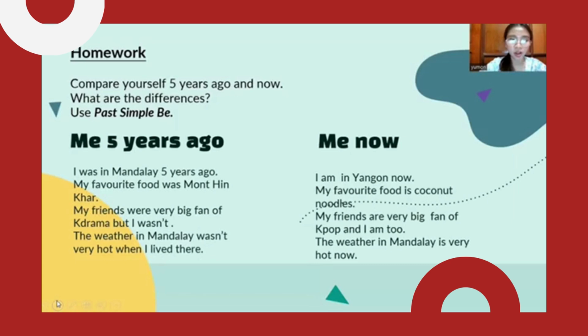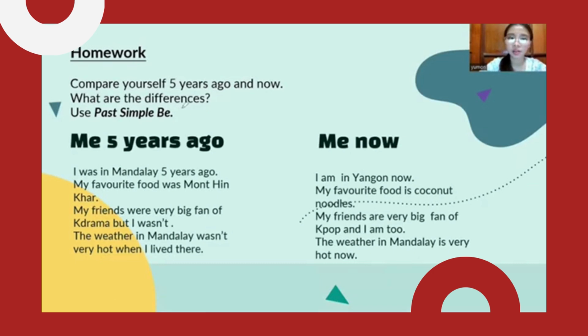Okay, so let's check out the homework. Okay, you have to compare yourself 5 years ago and now, like I did before. I hope you still remember that at the beginning of today's lesson, I talked about myself. I compared myself 5 years ago and now.